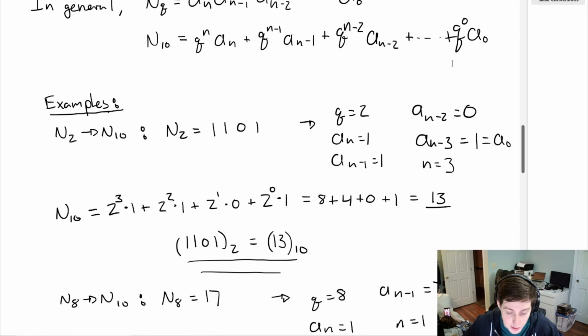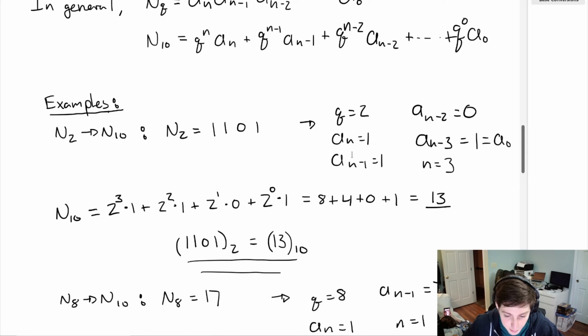Now if we look back up here, we can see that the last term is going to be set equal to a_0. So we can set that last term, a_(n-3), which is equal to 1, equal to that a_0 term. And then setting n minus 3 equal to 0, we simply get that n is equal to 3.